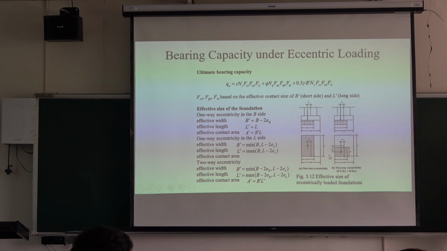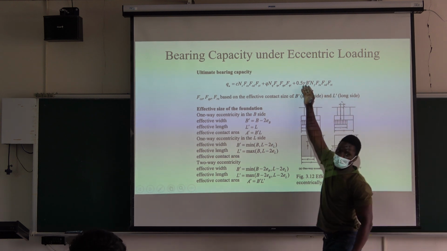But if it's not uniform, then we may have something like this. So the B, instead of being from here to here, is only from here to here. We have to consider this value instead of this. So that's how this B prime comes about.